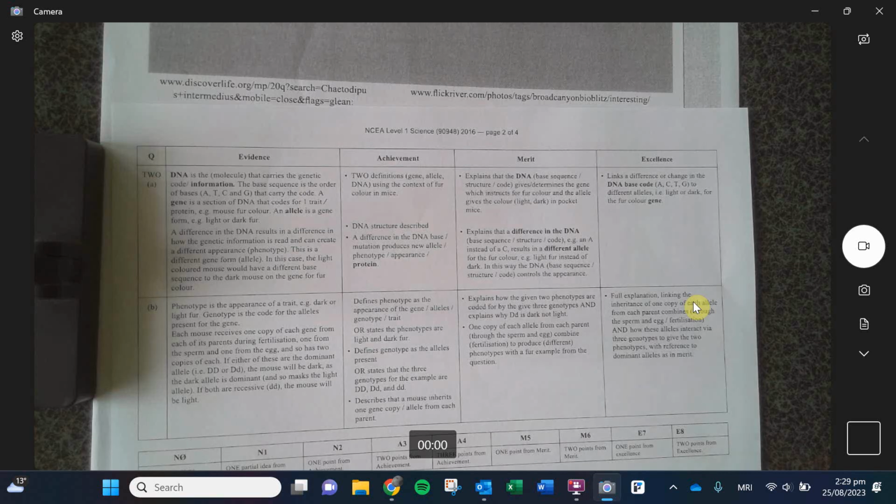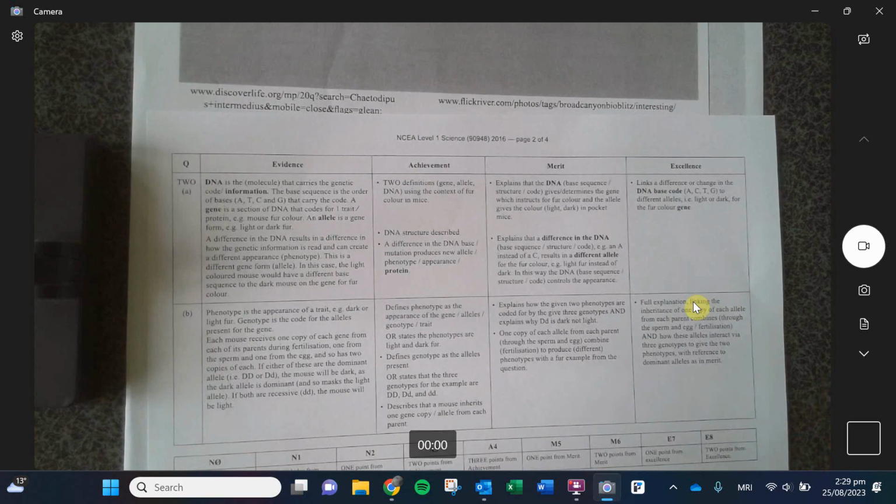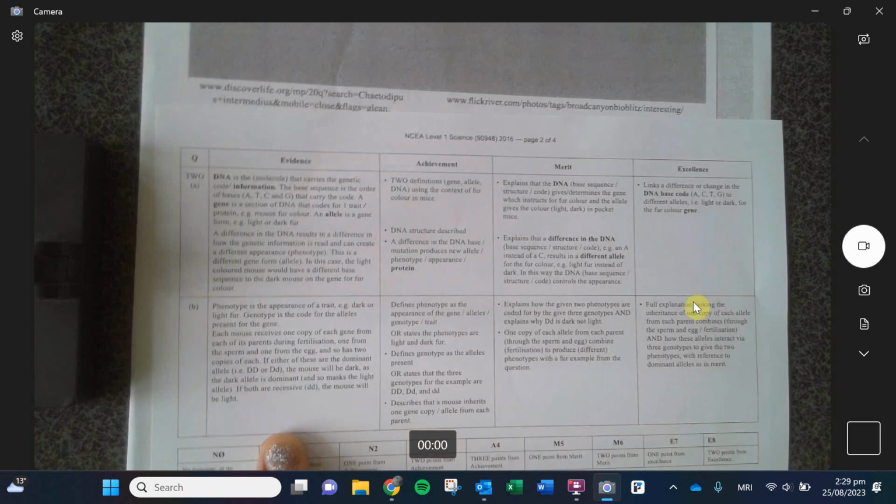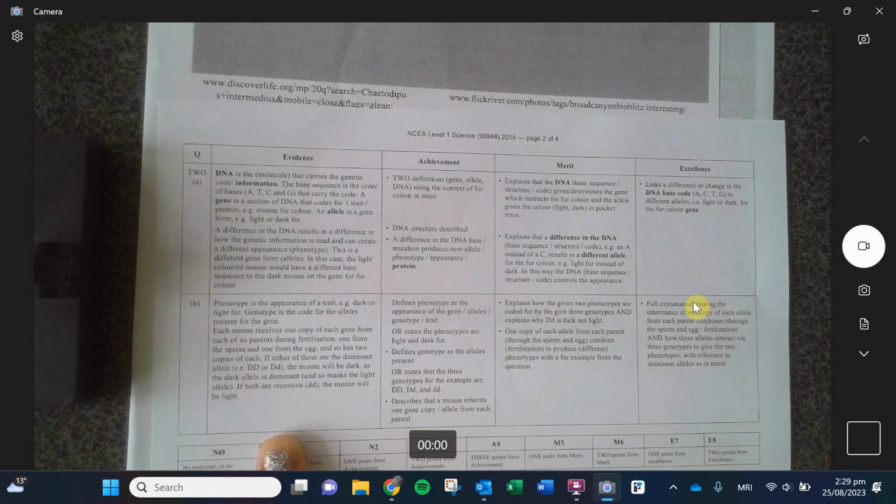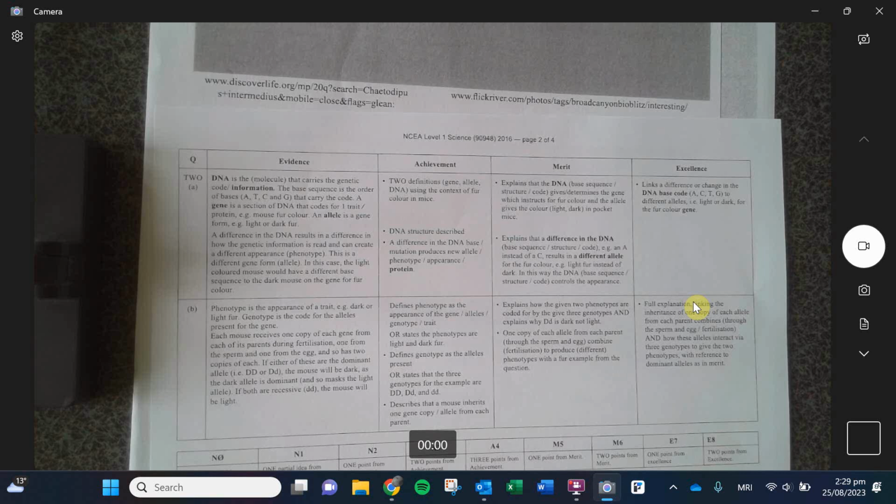First off, when we look at our NCEA marking schedule, you'll see a section called evidence. That is the full answer, basically the model answer. Your grades are determined based off of how much information is in your answer.